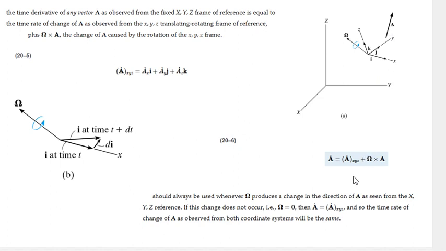If you don't have that change, meaning there is no rotation, that term is going to be completely zero. So you're left with only your small changes in that vector A along the XYZ axes. The small change is only what you see when looking at that vector from the XYZ axes.